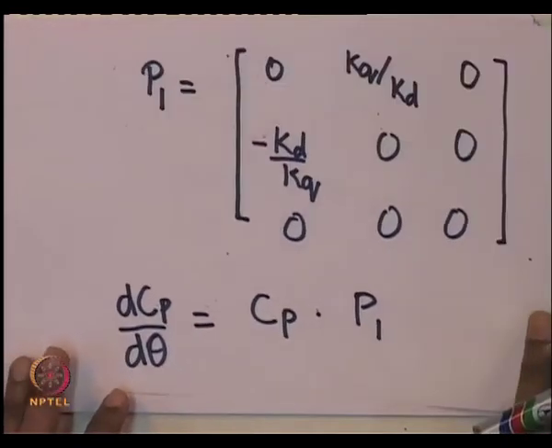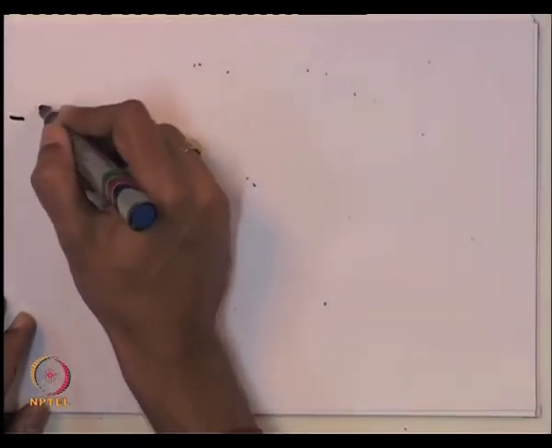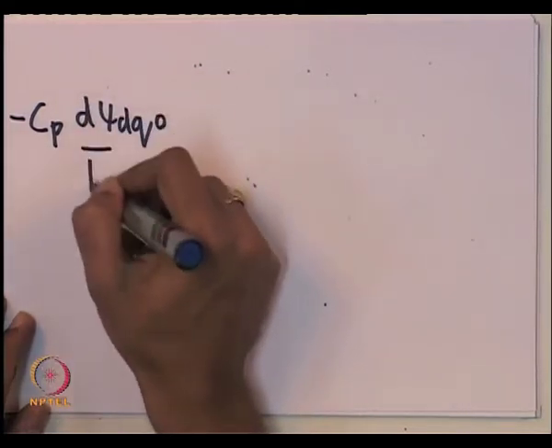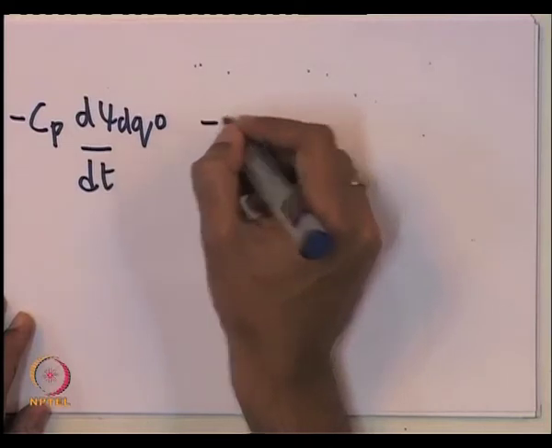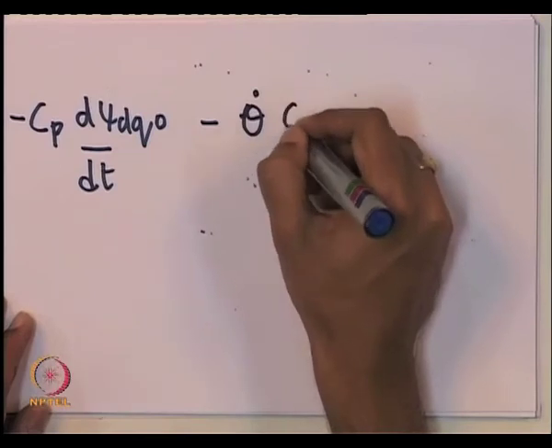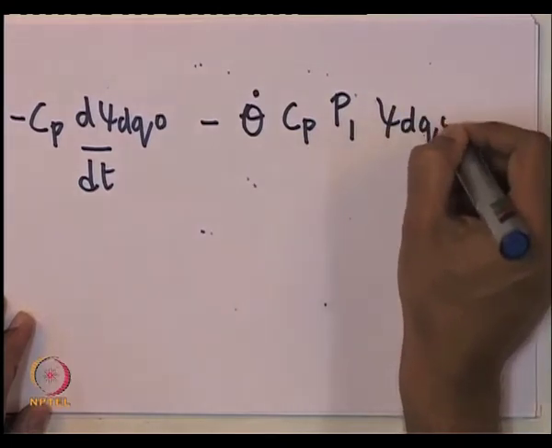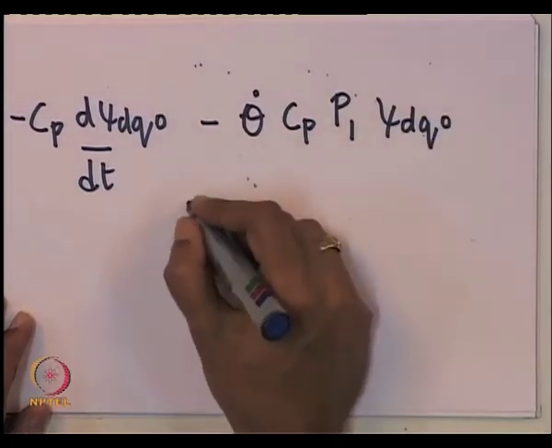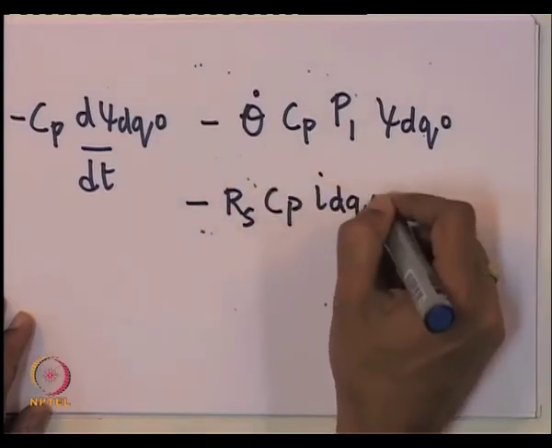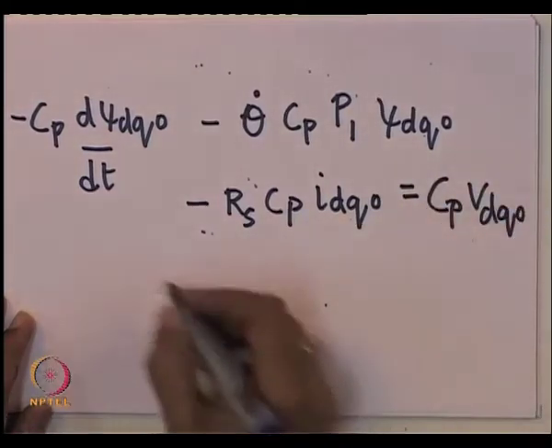So, our final flux equations come out to be minus of Cp d psi dq0 by dt minus d theta by dt, which I will just call theta dot, Cp P1 psi dq0, minus Rs into Cp I dq0 is nothing but Cp into V dq0.